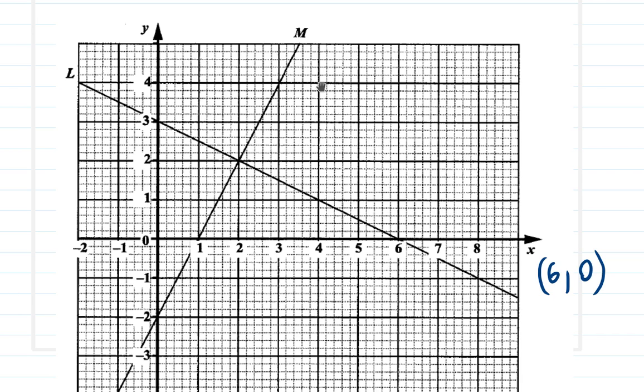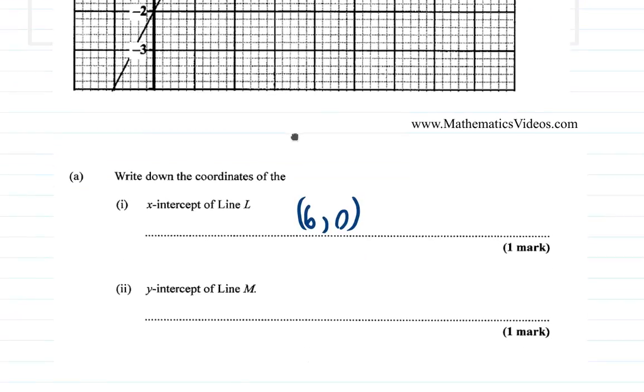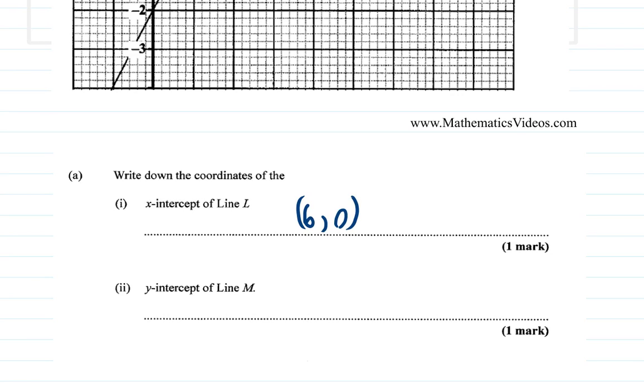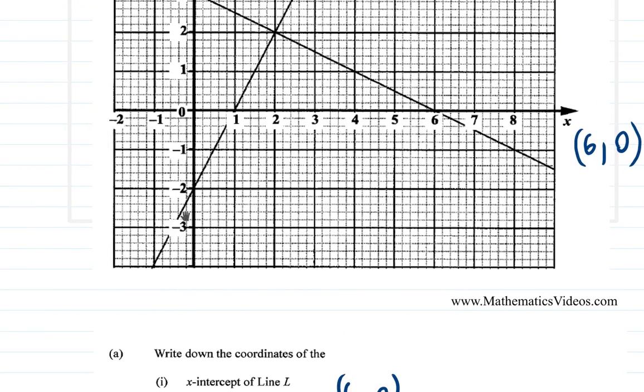So you tell me, look at it. Where do they meet? It's right here, and what you should say is it is at 0, negative 2. So the correct answer would be 0, negative 2.